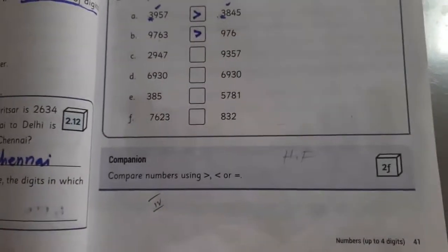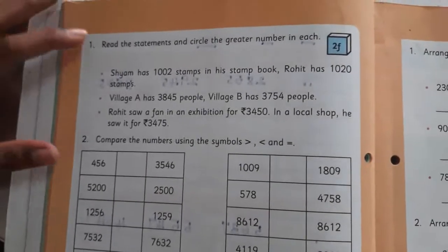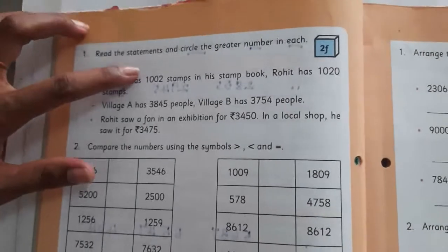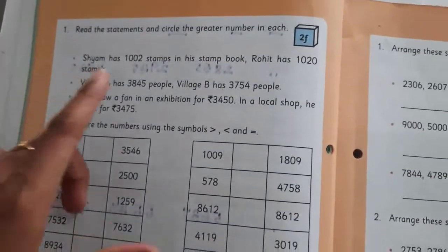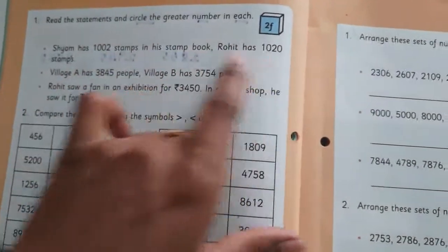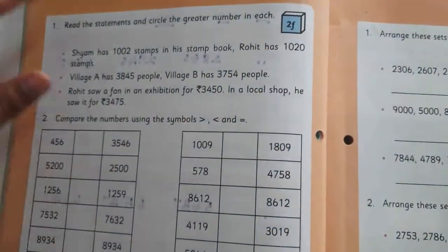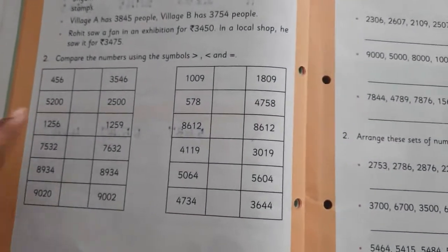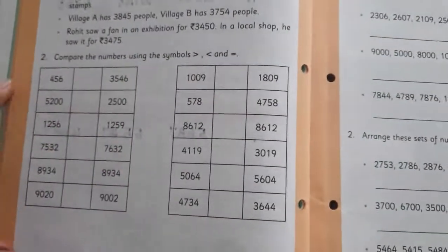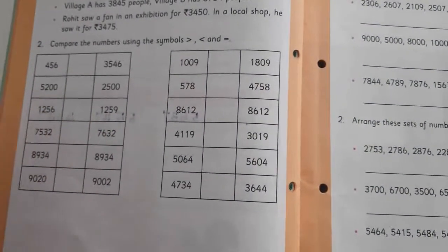Next one, Companion 2F, it is your homework. Read the statement and circle the greater number in each. They have given the statements; you have to read each statement and circle the number which is greater. Next, you have to compare the numbers using the symbols. Just now I taught you how to compare numbers.